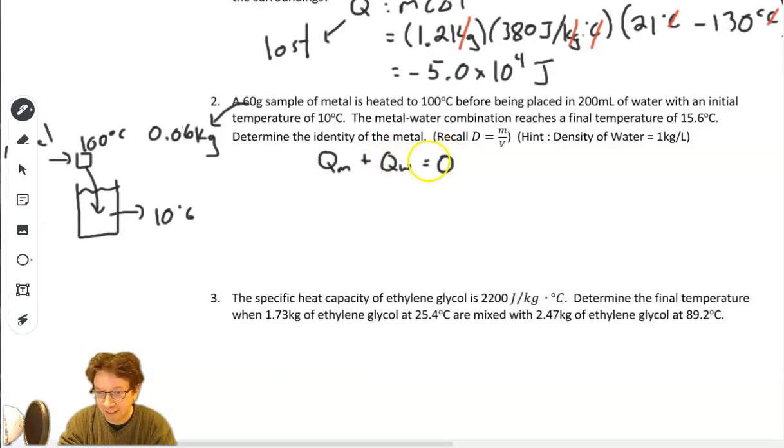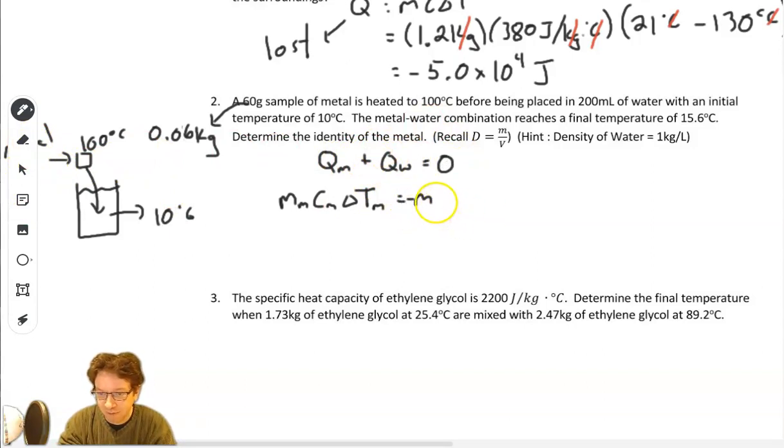Just conservation of energy. So if we write this out, each equation, this is M for the metal times C for the metal times the change in temperature for the metal. Must be equal to... oh, not equal to. Well, you can bring this to the other side of the equation and make it negative.